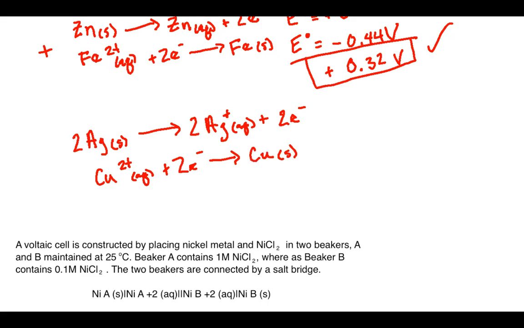Now the potentials that you would grab from the table here are going to be negative 0.855, and then plus 0.337 for the copper. So I bring those together, and I get negative 0.518.